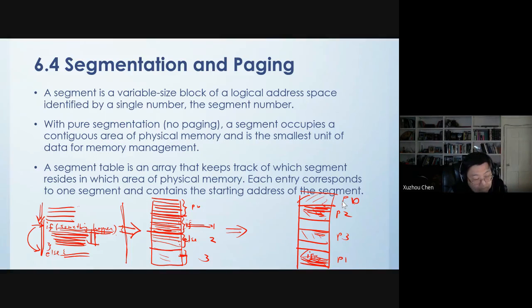From the memory utilization perspective, that's good, because as long as we have enough frames to accommodate this program, I can still run it, even though these frames are located in multiple places.